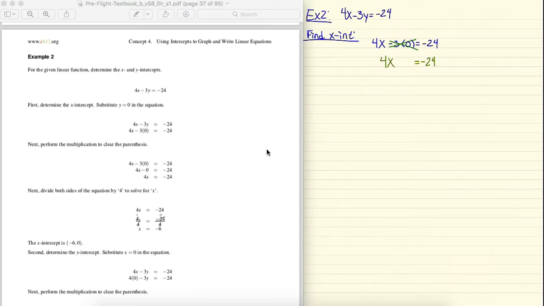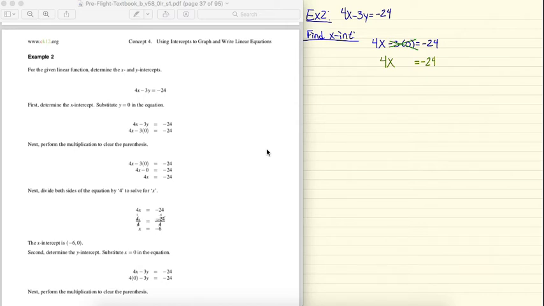If you want to show the steps like I did in the last couple of problems, that multiplying the 3 by 0 is just 0 and subtracting 0 doesn't do anything, that's fine. You can show those steps in between, or you can simply cross that piece out because multiplying by 0 is just going to make it 0. So it leaves us with 4x equals negative 24.